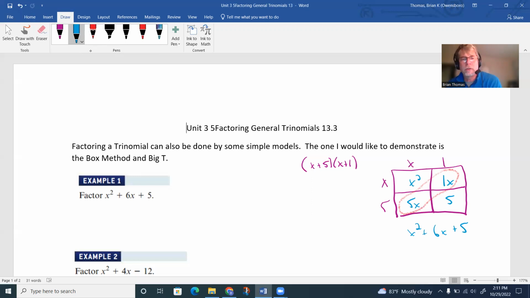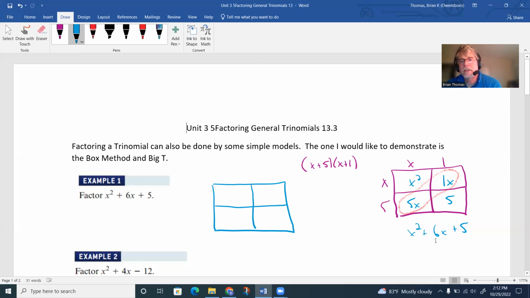So what we want to do in factoring, one of the easiest methods, is just focus on using what's called the box method. Notice in the box method, in expanded form, if it was already in a factored form, the factors were on the outside edges, and what we did was find the inside.